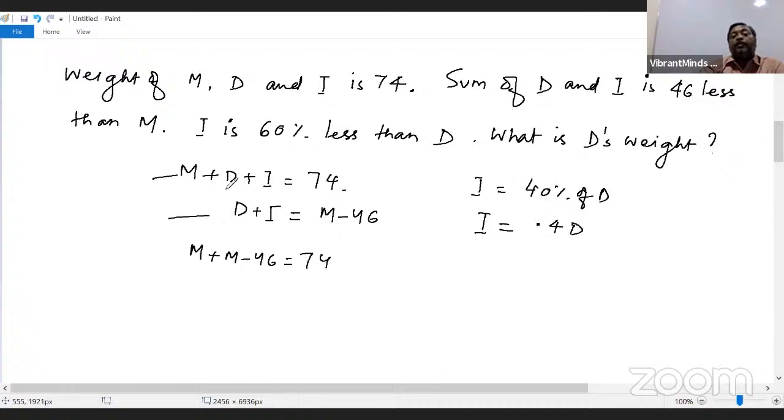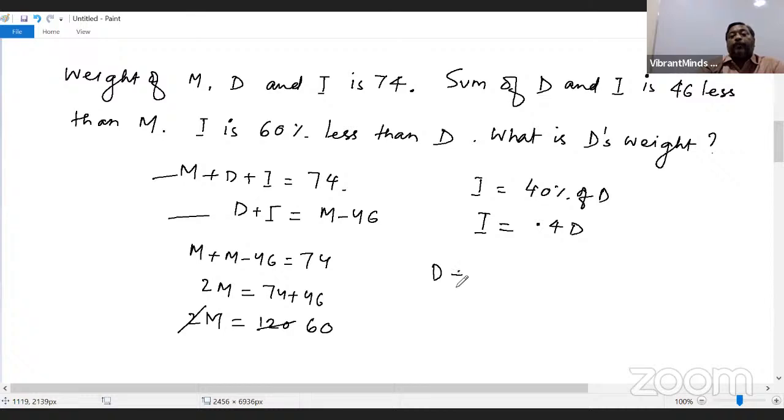I am replacing this D plus I with M minus 46. So twice M is equal to 74 plus 46, and that is 2M is equal to 120, or M is equal to 60.